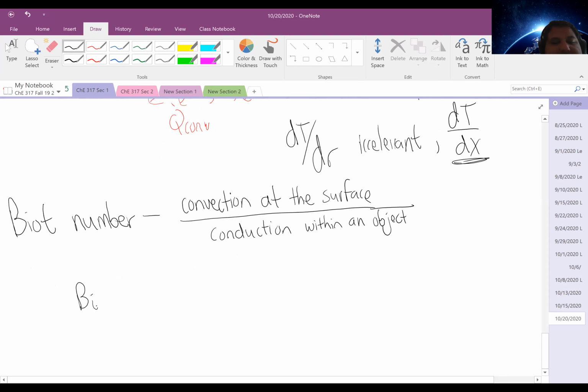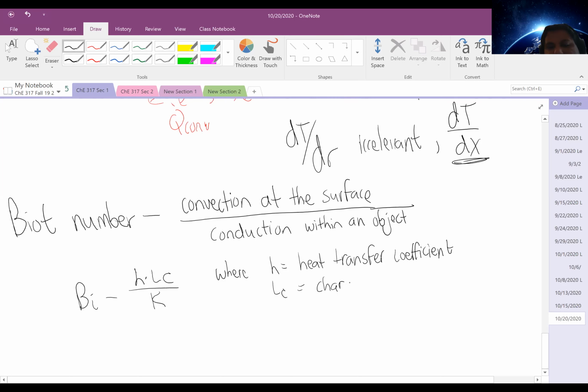I can quantify Biot as h times L sub c, a characteristic length, over k, where h is my heat transfer coefficient for convection, L sub c is a characteristic length, and k is my thermal conductivity.